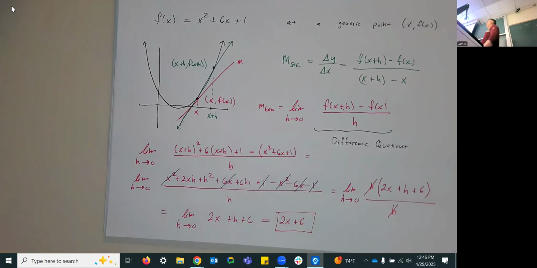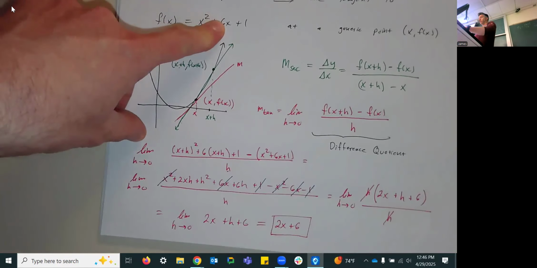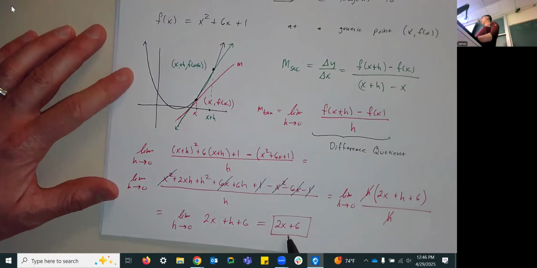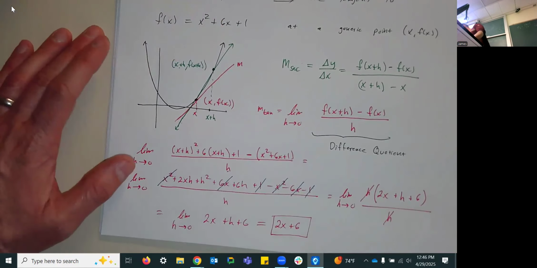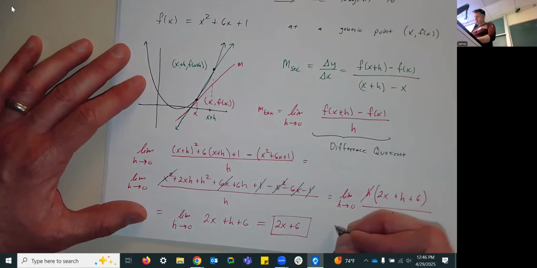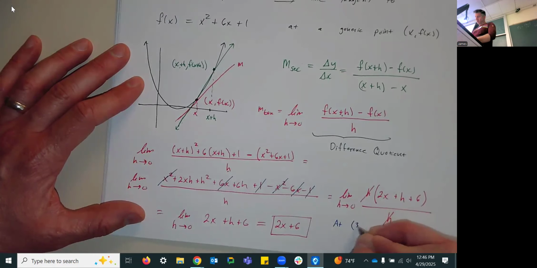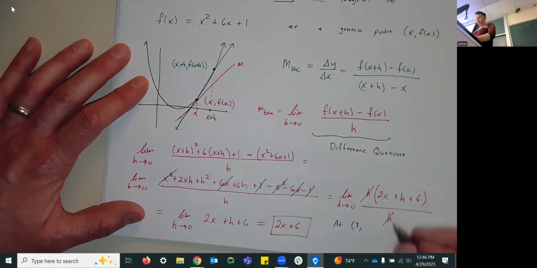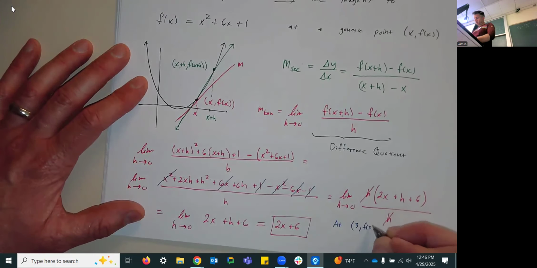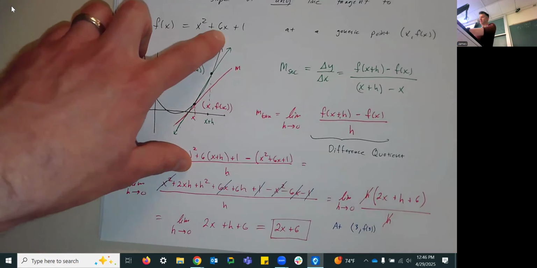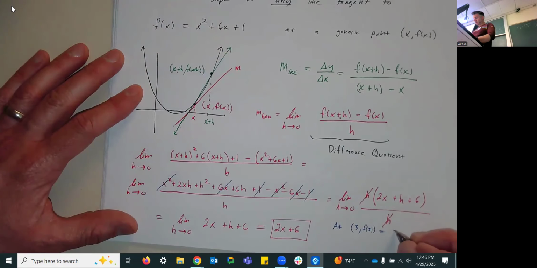So here's what this is telling us. For any choice of x, the slope of the tangent line to the function x squared plus 6x plus 1 is going to be 2 times whatever x was, plus 6. So for example, at the point, say, 3 comma f of 3, f of 3 is 9 plus 18 plus 1. So that's 3 comma 28.